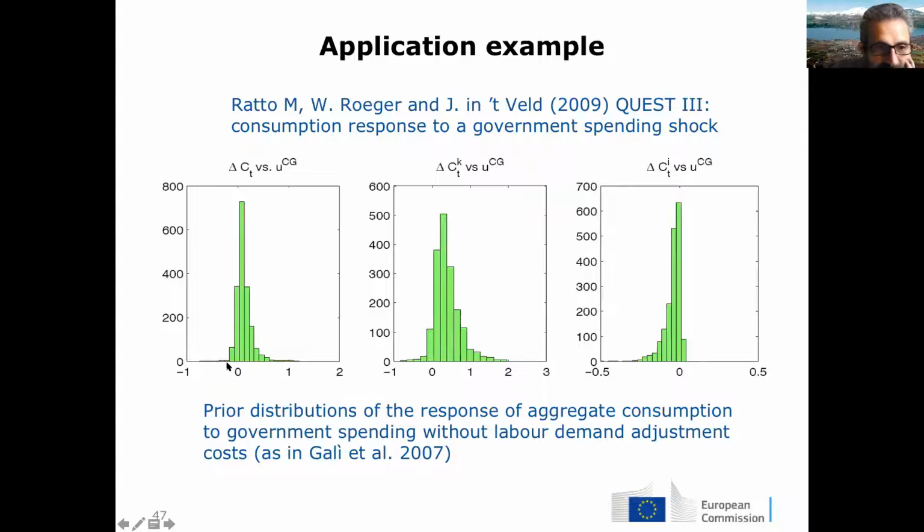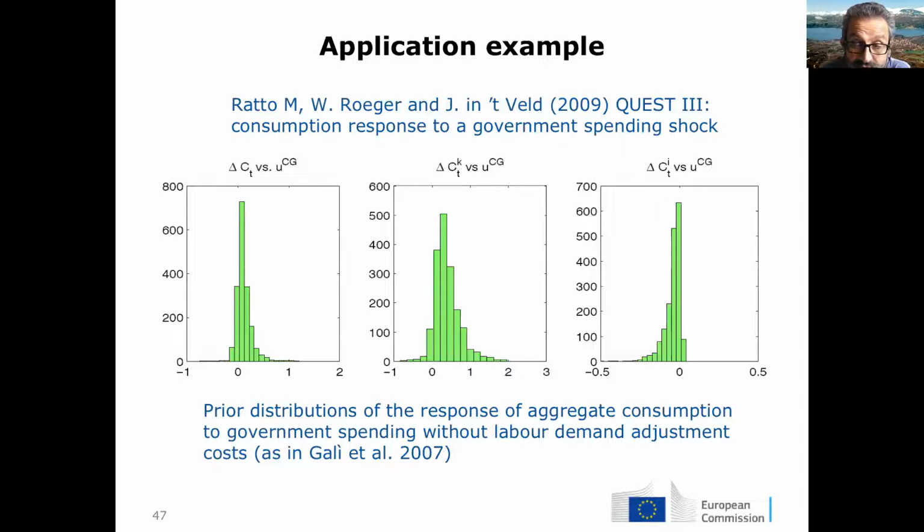We see that now the prior IRF is almost all the time crowding in. The non-Ricardians are almost always crowding in, and the Ricardians are negative, and for some peculiar parameter combinations can also crowd in.